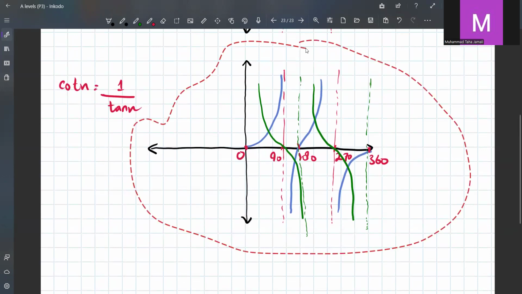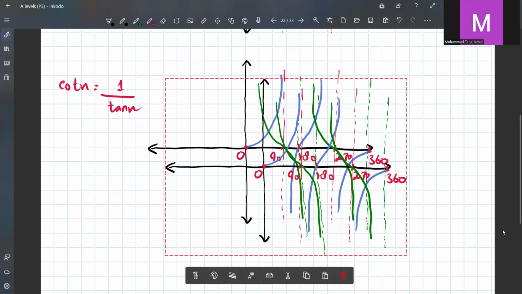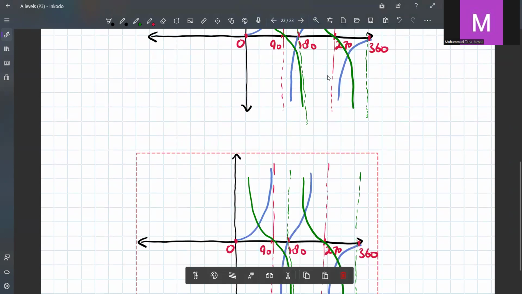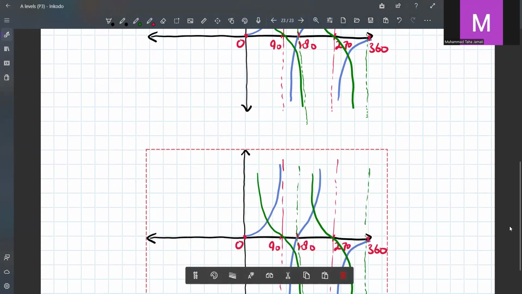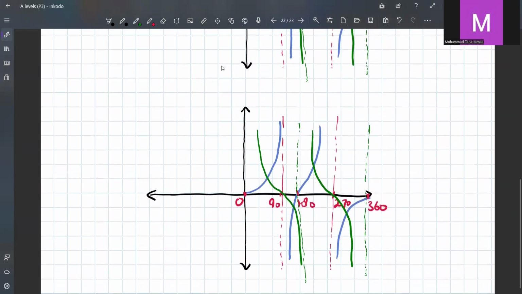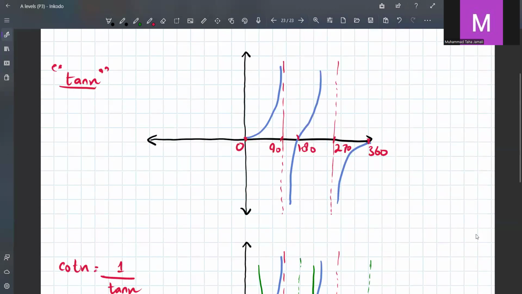Let's just copy it down. So this is what the final graph for cot x will look like. And of course, you can just draw the final version if asked for the graph of cot x and not all these steps.